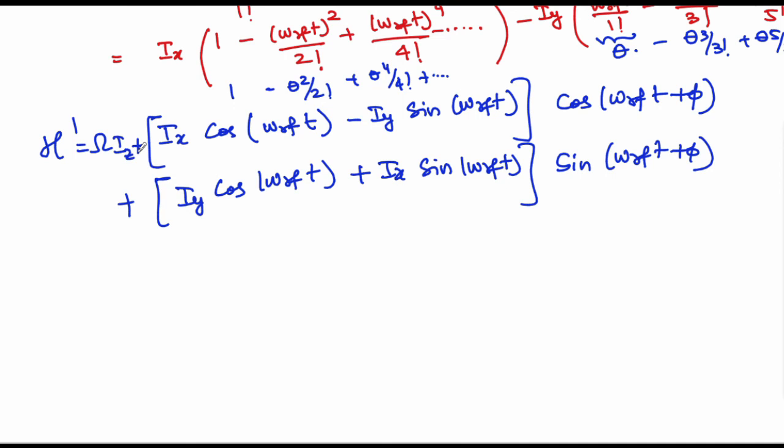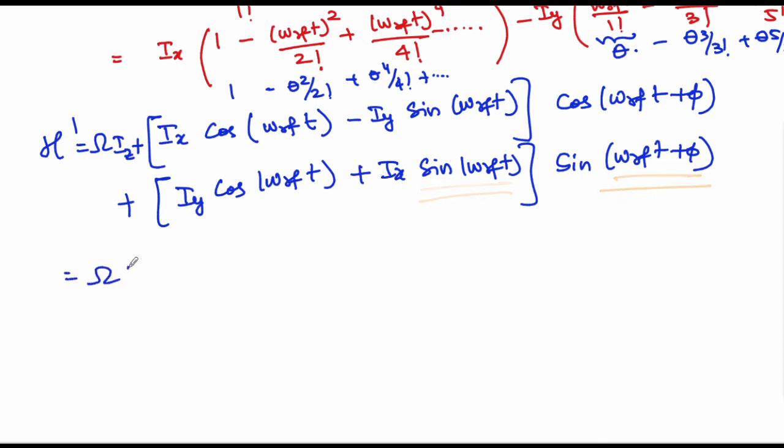So if we try to expand it, you are able to appreciate the fact that you have an Ix cos, let's say this is alpha and this is beta. You have cos alpha cos beta plus sin alpha sin beta.